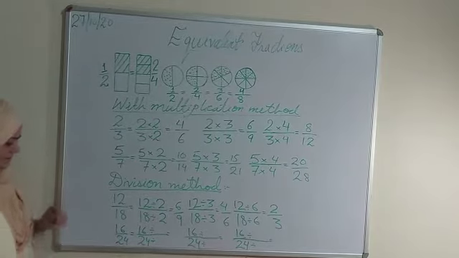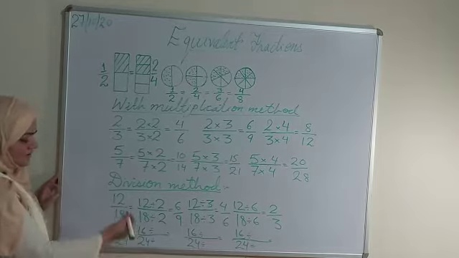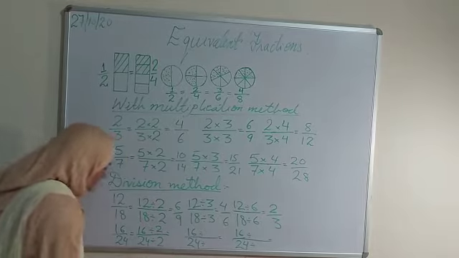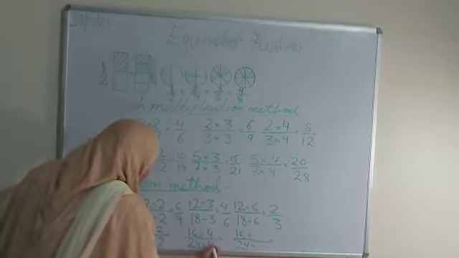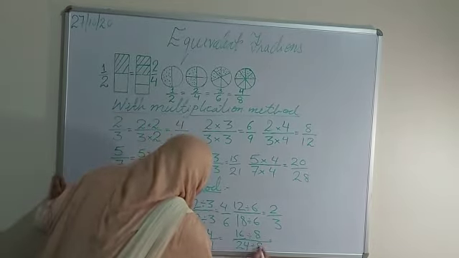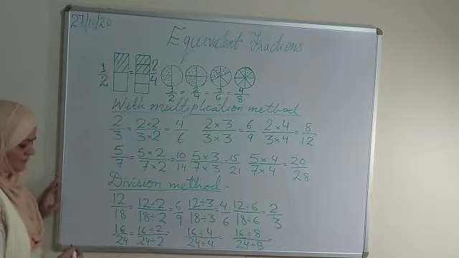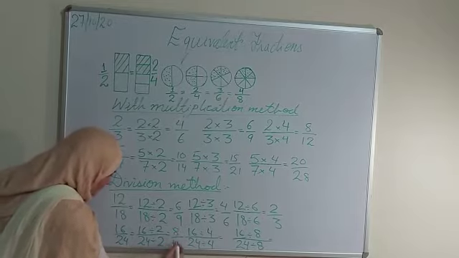Coming to the last, 16 upon 24. 16 and 24 both come in the table of 2. They also come in the table of 4, and also in the table of 8. So when we divide 16 by 2, what will we get? 8. 24 by 2, 12.